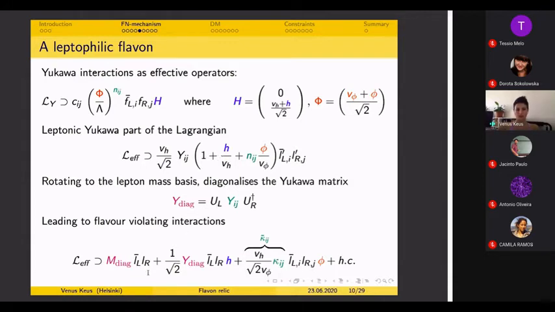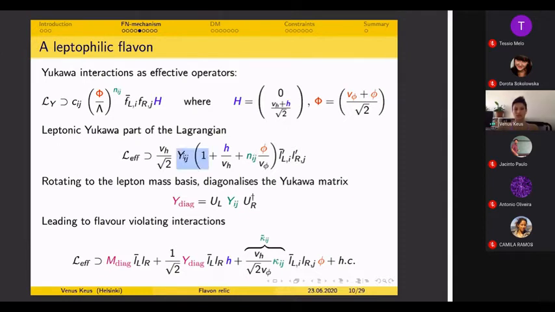So what you end up with is a diagonal mass matrix, so the off-diagonal elements are 0. The same thing happens for the interactions with the Higgs, but note that the bit with the flavon also has an N_ij, which is a non-diagonal matrix in front of it.